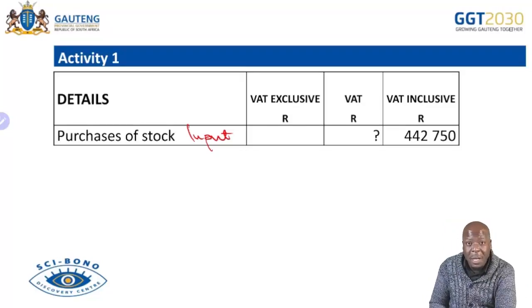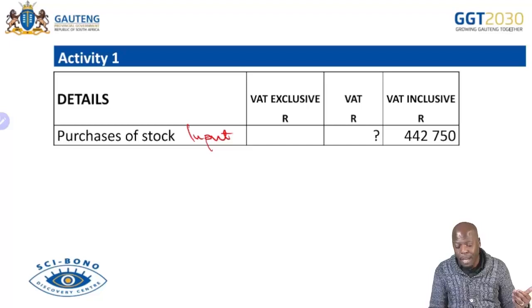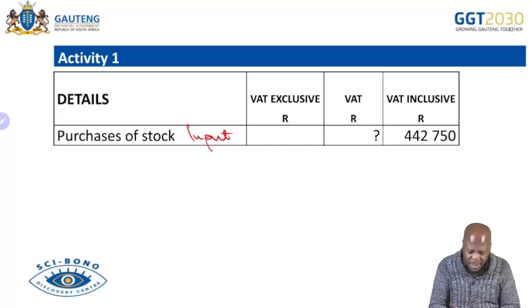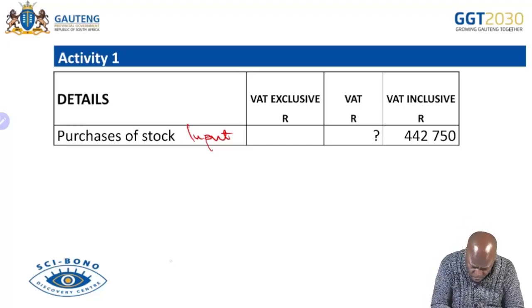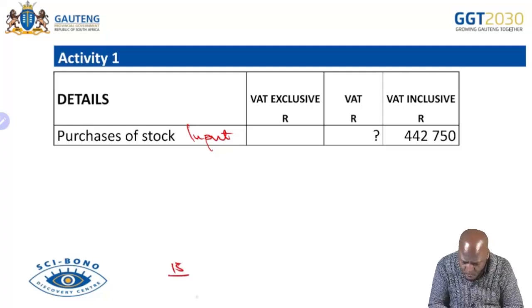Our next problem then becomes how much is the VAT? But that should not be a big issue. Remember, what you want times what you have. What is it that we want in this case? We want VAT. So VAT, what percentage is it? It's 15. So what I want here is my 15. What do I have?